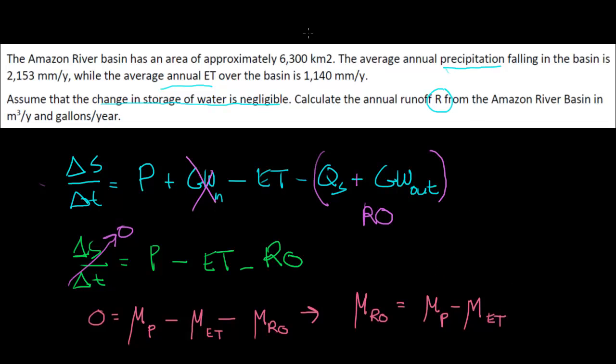So first thing we're going to do is convert precipitation, here in millimeters per year, into a volume per time using this area. And then we're going to convert evapotranspiration in millimeters per year into a volume per time using the same area. So let's go do those next.